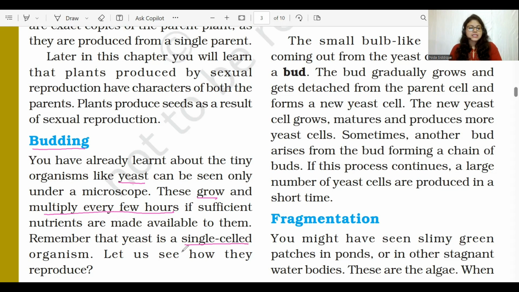Yeast is a single-celled organism. Okay, they are unicellular, made of a single cell. We cannot see them with the naked eye. We have to use a microscope, and they can grow and multiply very quickly if they are provided proper nutrients. So let us understand how they reproduce.